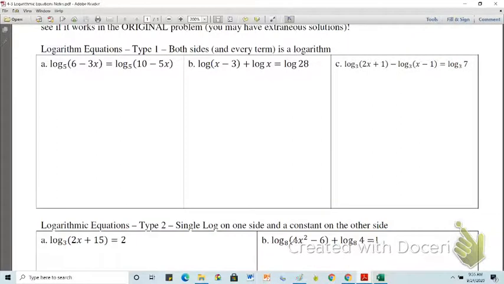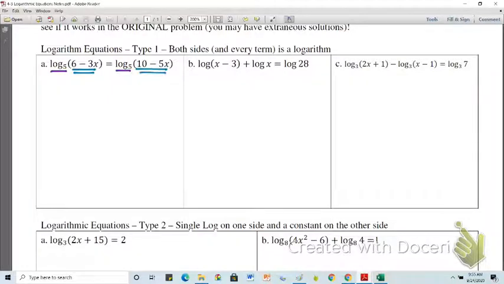So you'll notice on A, both of these sides are log base 5. So that means if these are the same, then what's inside must also be the same.